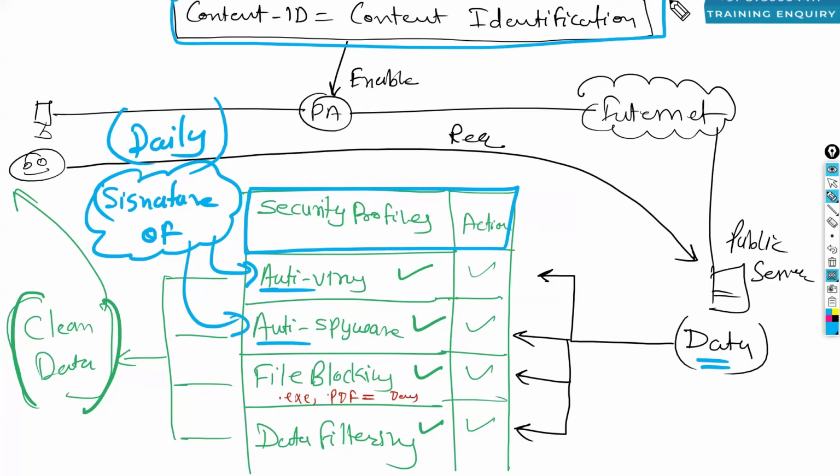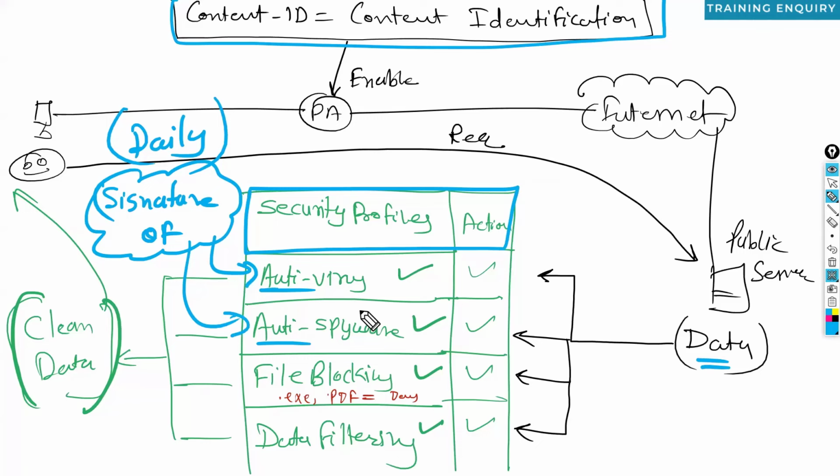But remember, these security profiles by default can control the data which is coming in plain text format. If data or attack is going under an SSL tunnel, then they can't block that.